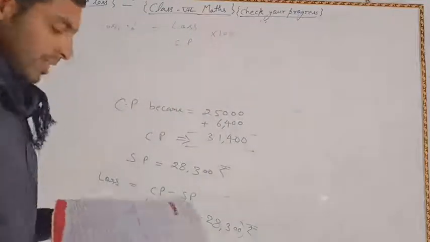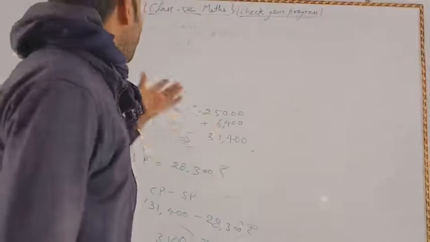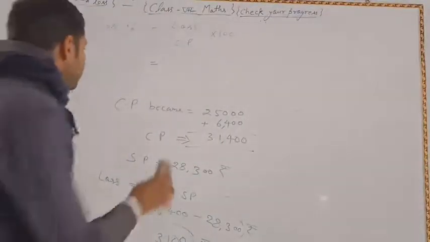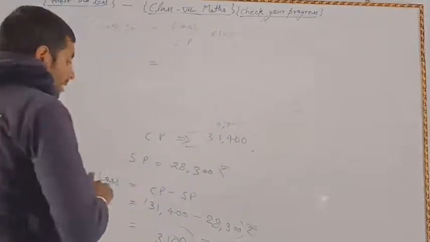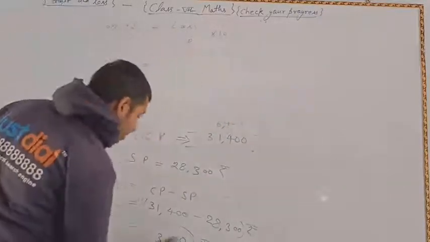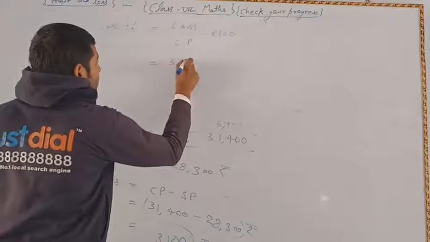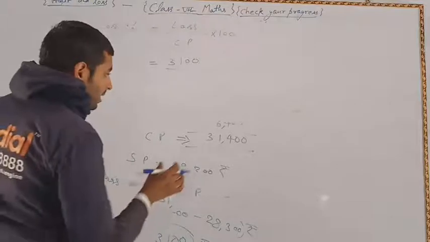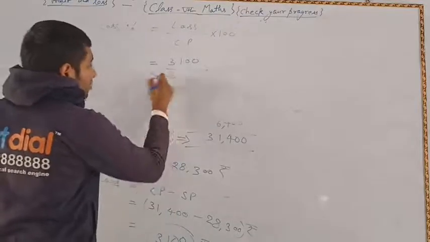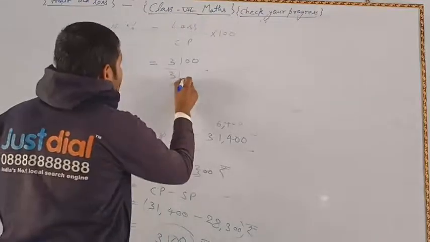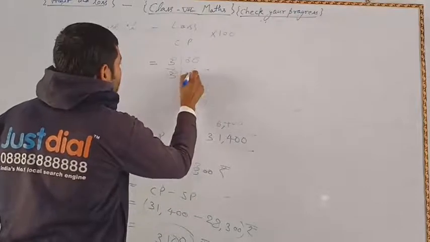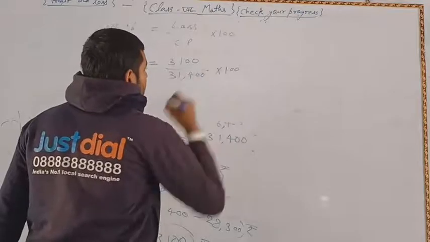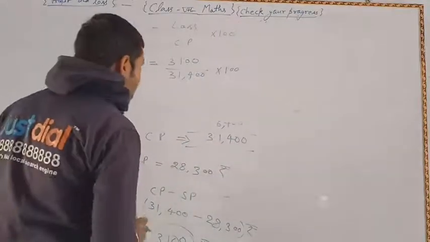By this formula, we have the loss 3,100, so 3,100 upon CP is equal to 31,400 into 100. We put our numerals in the formula.